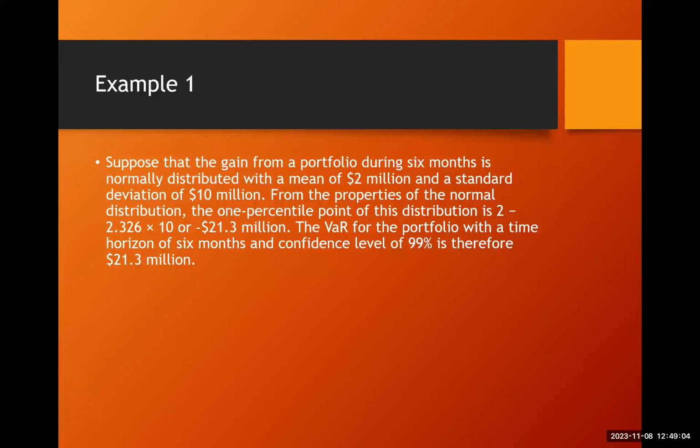The value at risk was found by doing mu plus sigma times the inverse of 1 minus alpha. So we have the mean, then we subtract off 2.3 standard deviations to get our final answer of negative 21 million.